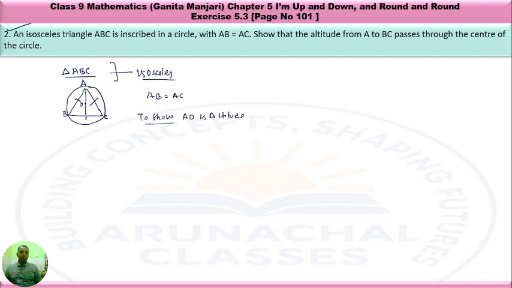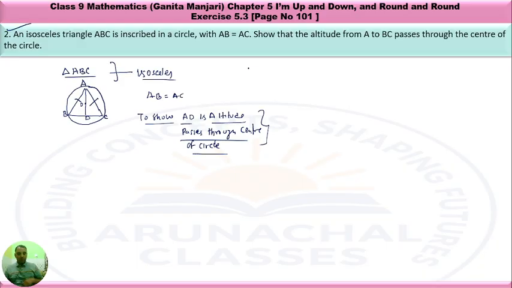Here the point D I have considered on BC. AD is altitude and it passes through the center of the circle, that we need to show.